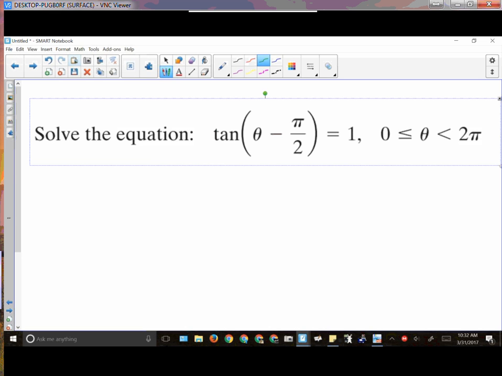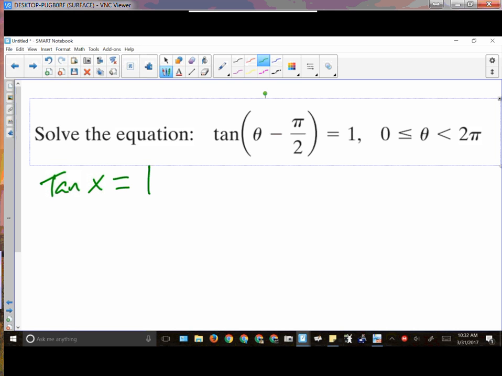What about this one? Okay, let's think about this. Where is the tangent of, say, x equal to 1? Now, tangent is sine over cosine, correct?